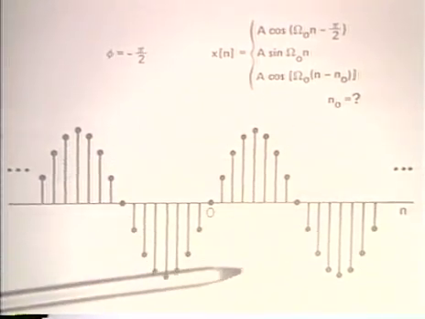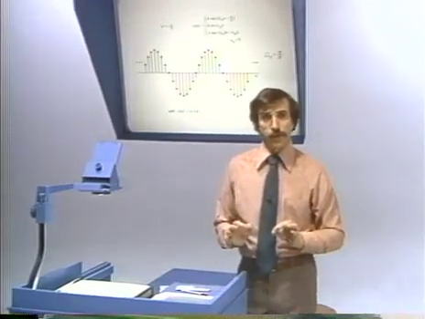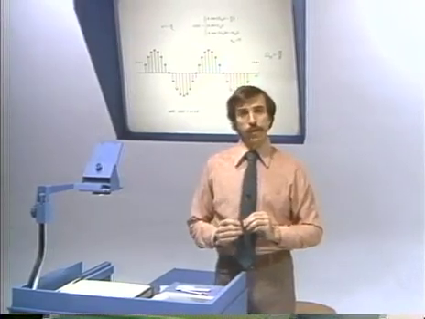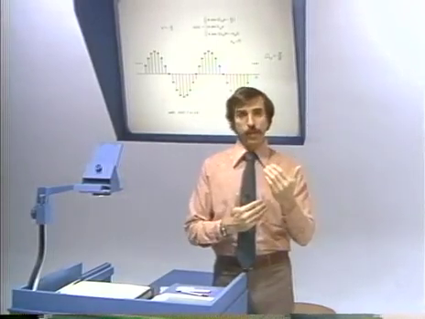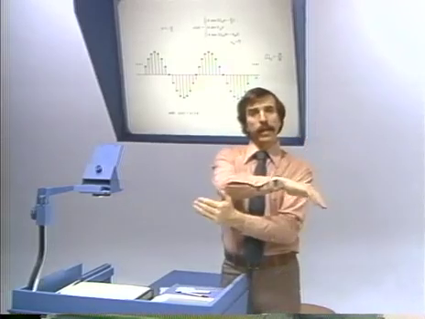Now, looking at this sequence, which is the sinusoidal sequence, the phase of minus pi over 2, that has a certain symmetry. And in fact, what we see is that it has an odd symmetry, just as in the continuous time case. Namely, if we take that sequence, flip it about the axis, and flip it over in sign, then we get the same sequence back again.